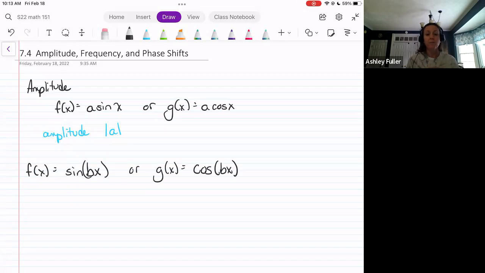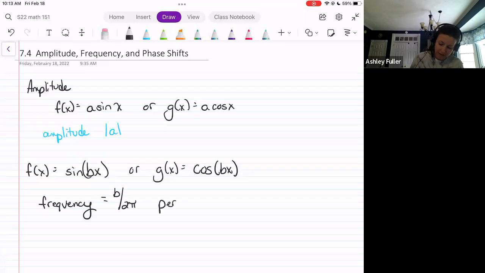Remember, we talked about the period of sine and cosine being 2 pi, but if we multiply that value by some number, it's either going to make it happen more quickly or less quickly, depending on if it's a fraction or not. So we define what's called the frequency, or how often the function repeats, to be b over 2 pi.